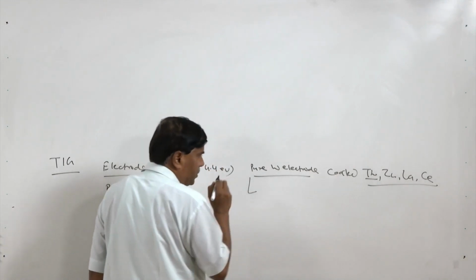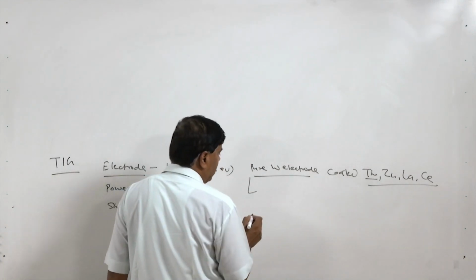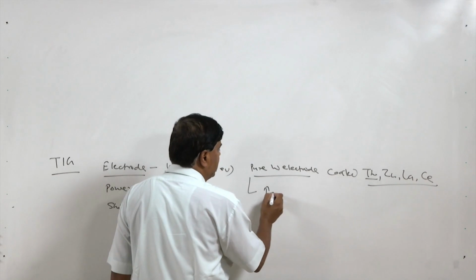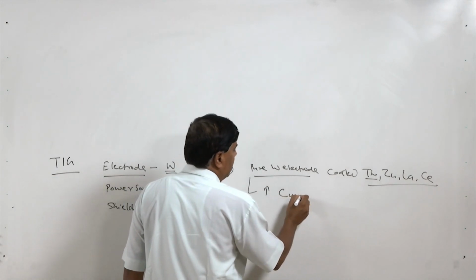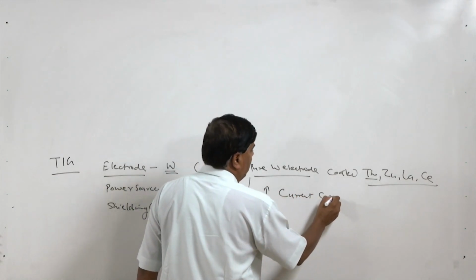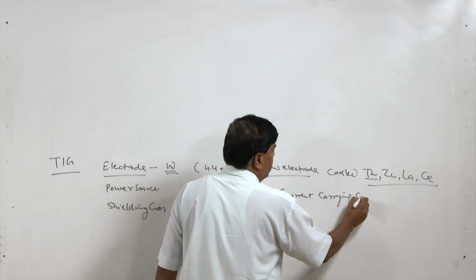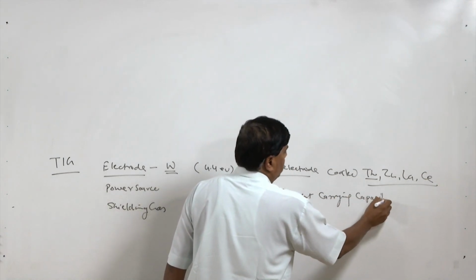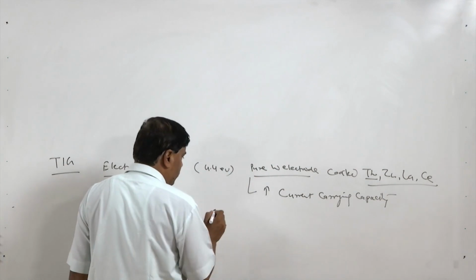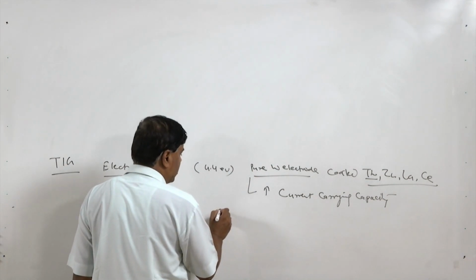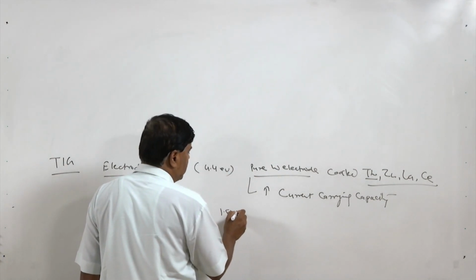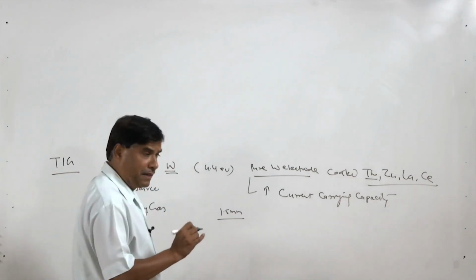Application of these elements in coating helps in increasing the current carrying capacity of the electrode, meaning for an electrode of a given diameter, say 1.5 mm, how much current it can carry.